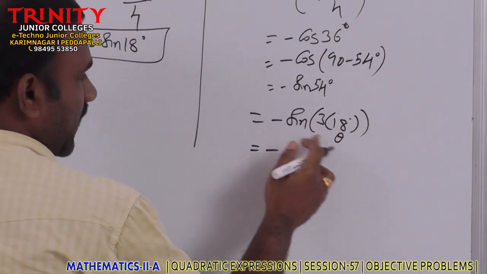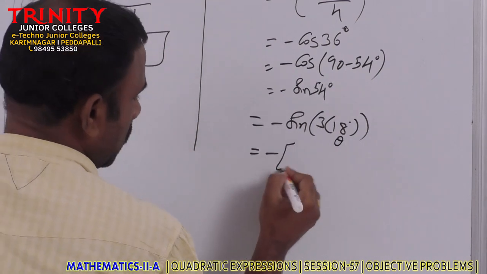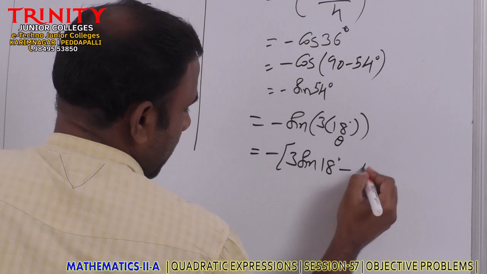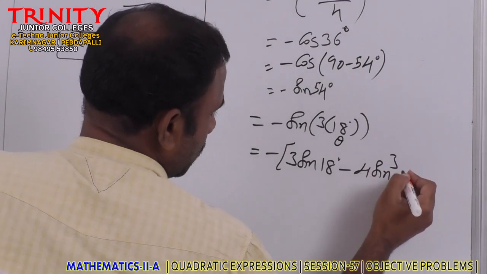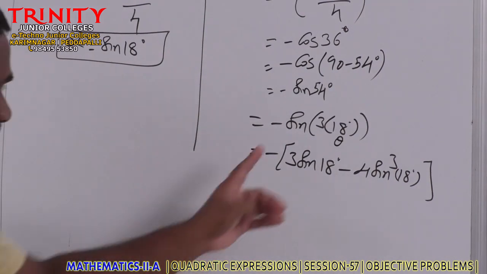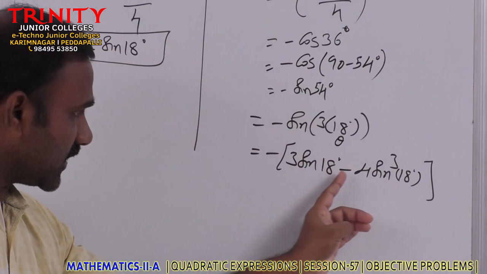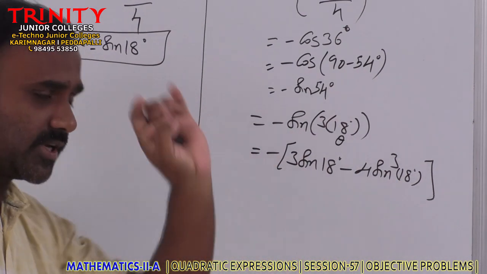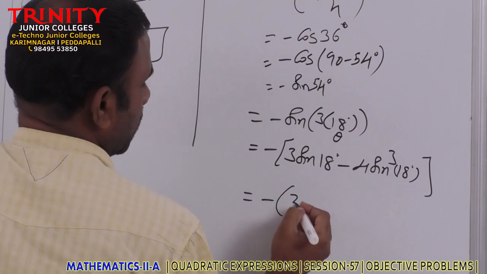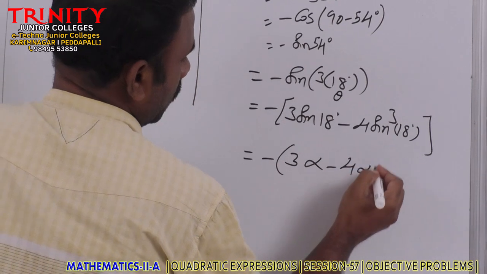What is the formula of sine 3 theta? Sine 3 theta is equal to 3 sine theta minus 4 sine cube theta. Therefore, it becomes minus of 3 alpha minus 4 alpha cube.